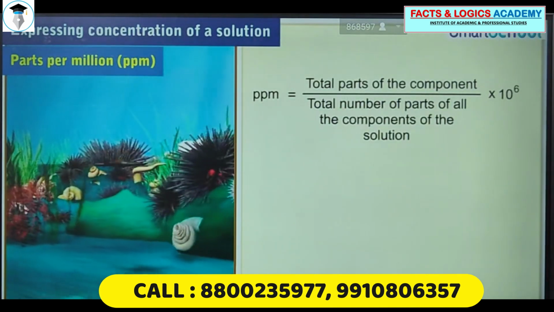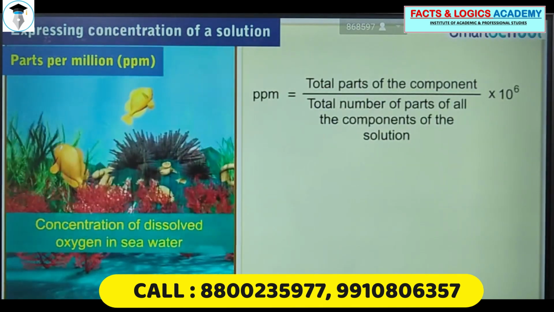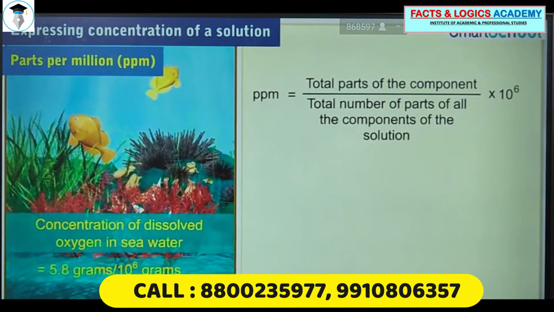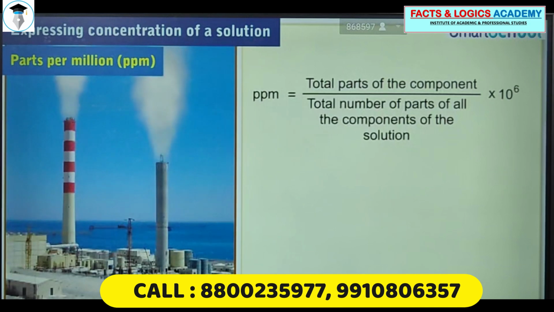For example, the concentration of dissolved oxygen in seawater is 5.8 grams per 10 to the power of 6 grams of seawater and is written as 5.8 ppm. Also, the concentration of pollutants in water or the atmosphere is often expressed in terms of ppm.